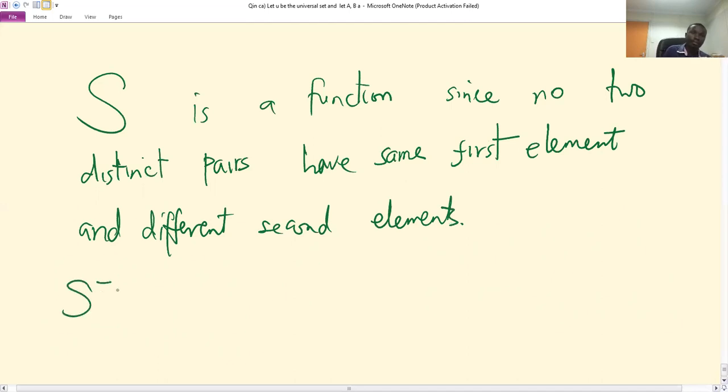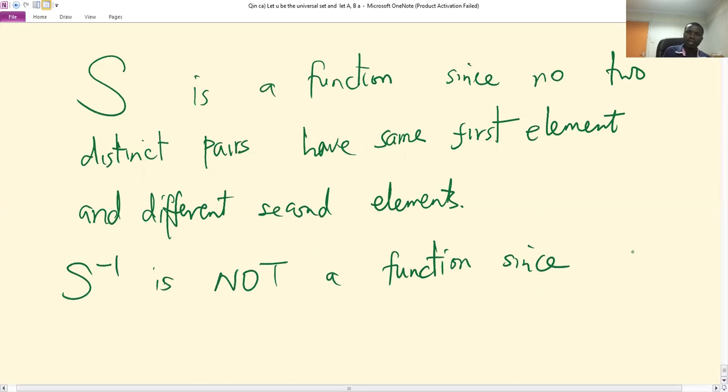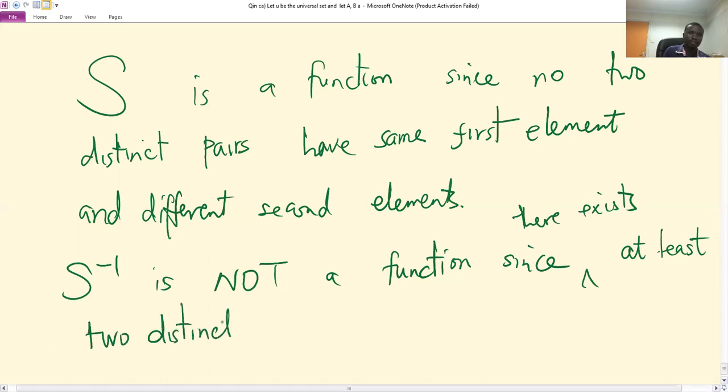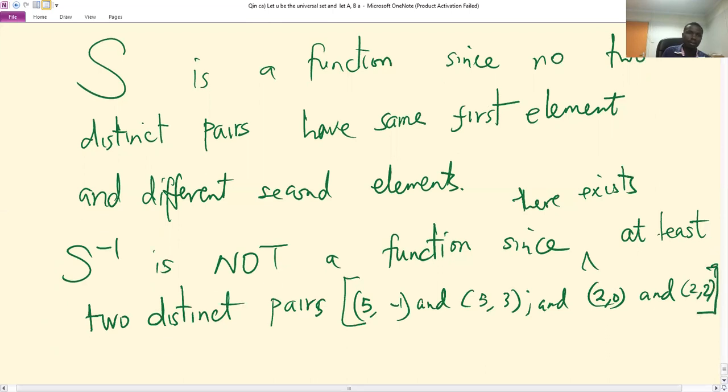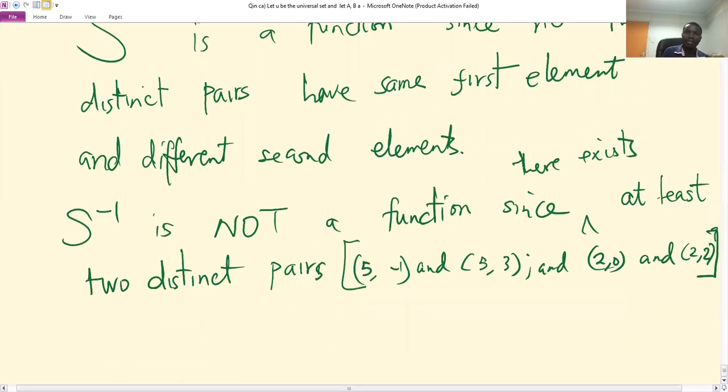And then S inverse is not a function since there exist at least two distinct pairs, actually we have (5, -1) and (5, 3), and (2, 0) and (2, 2), with same first element but different second elements.